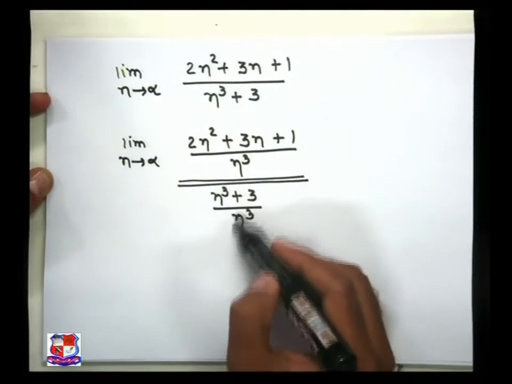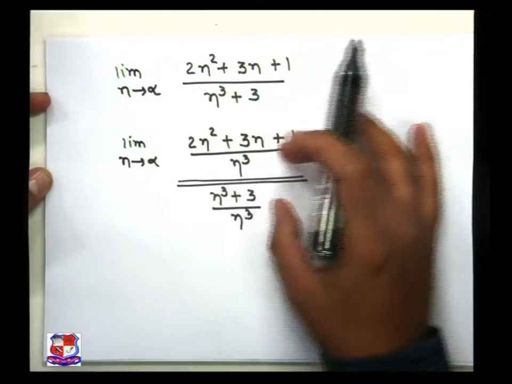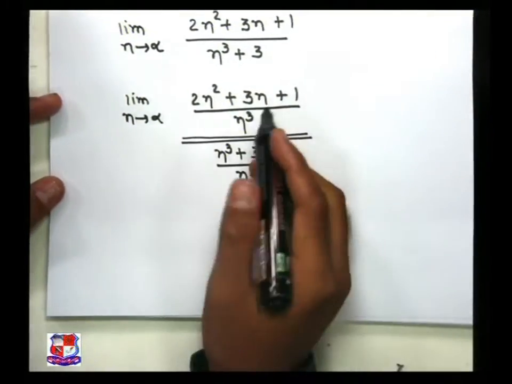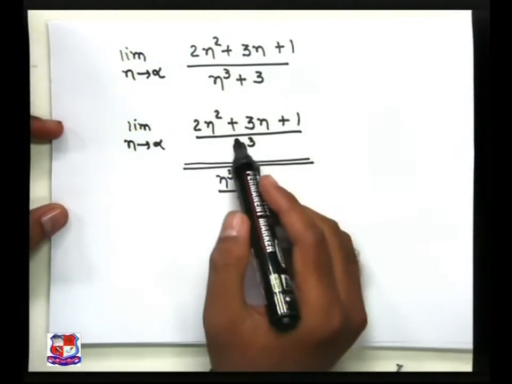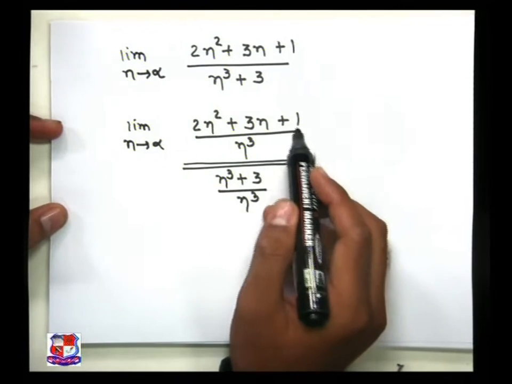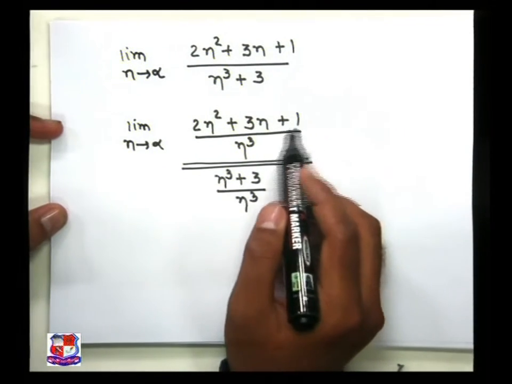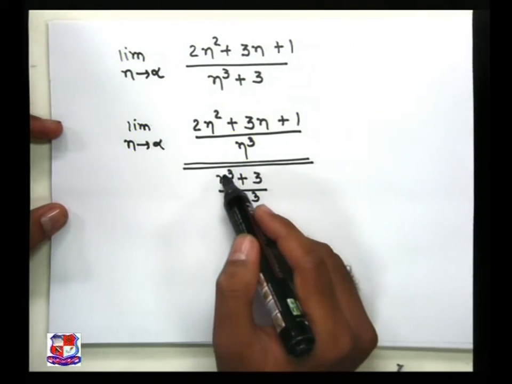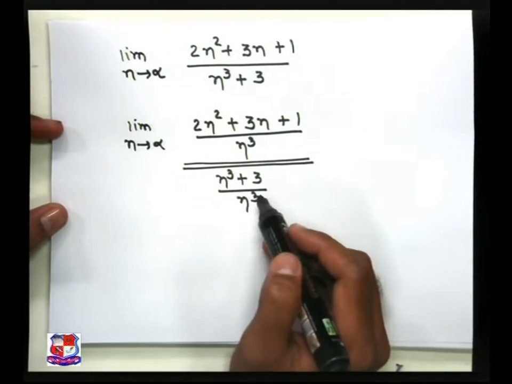Finally, this n cube cancels out and the remaining problem is the same. Our next step is to apply n cube to both sides: 2n square divided by n cube, 3n divided by n cube, and 1 divided by n cube, all divided by n cube divided by n cube plus 3 by n cube.